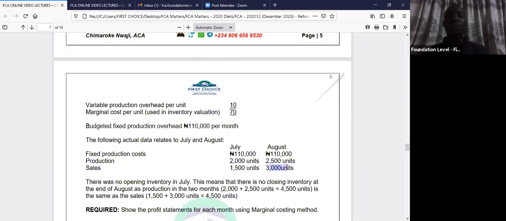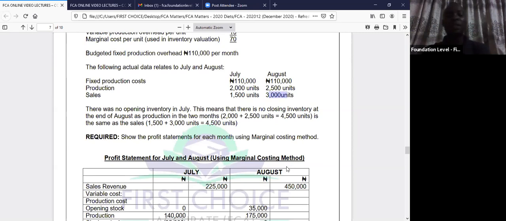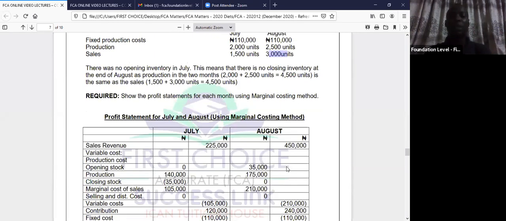So if you look at it well, July has no opening stock, but July has closing stock. August has opening stock, but no closing stock. Okay, required: show the profit statement for each month using the marginal costing method.